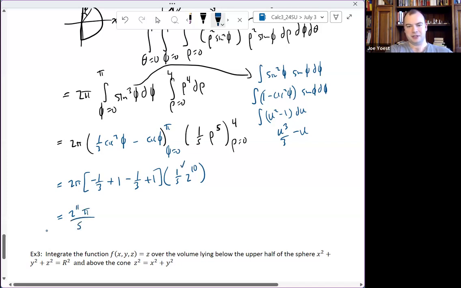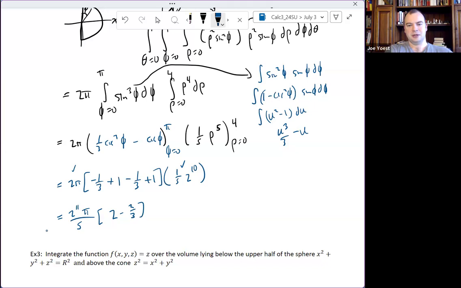That takes care of these bits, times 2 minus 2/3. Well, 6/3 minus 2/3 is 4/3, so that's an over 15. And then 4 times 2 to the 11th is 2 to the 13th. So that's what our answer is, 2 to the 13th over 15 times pi.